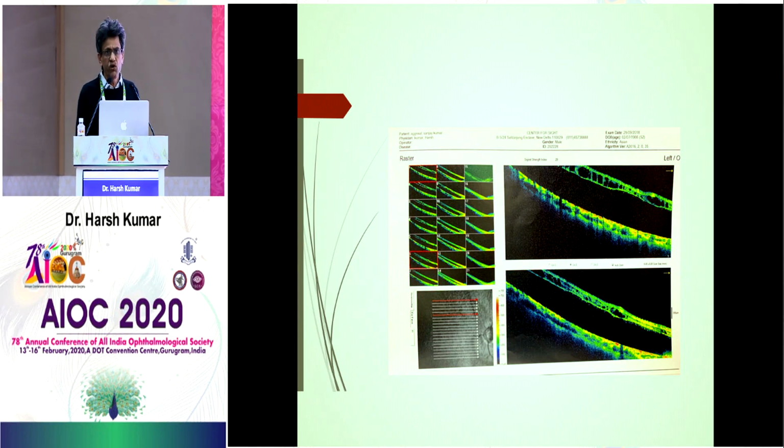You do a full good diurnal variation with a reliable tonometer so that you get a spread of pressures and know exactly what is happening at what time. Then you'll see the disc very thoroughly, and whatever is happening with the disc you'll correlate with the visual field. You will do not one visual field but at least 2 to 3 visual fields to get over the learning effect.